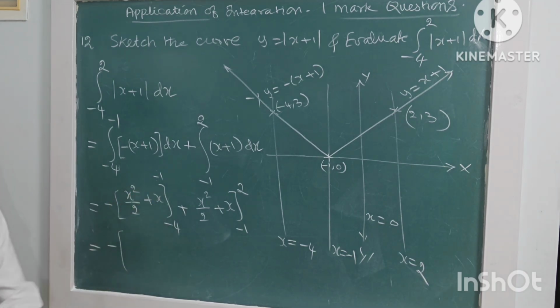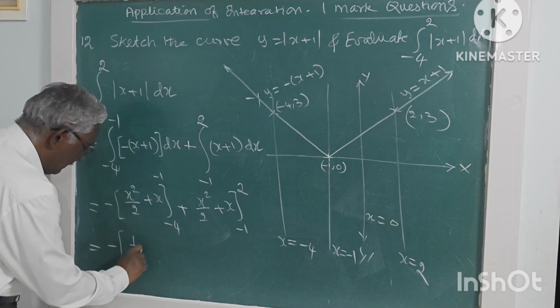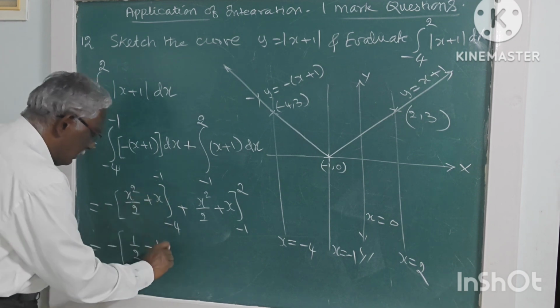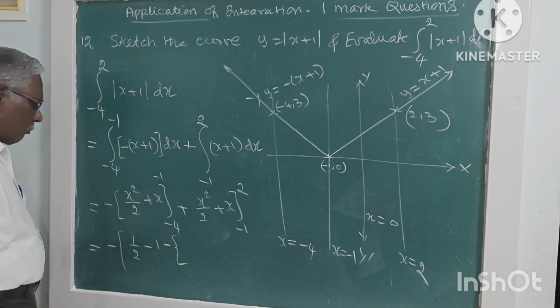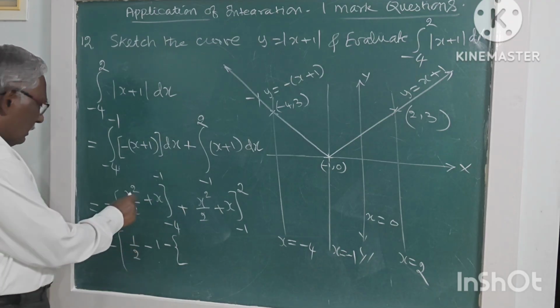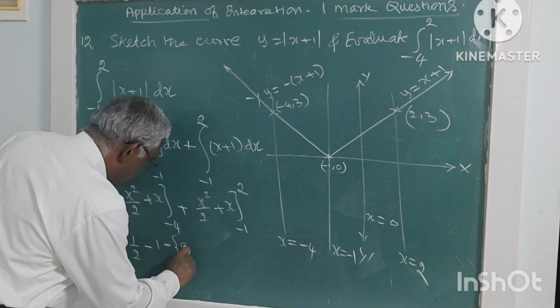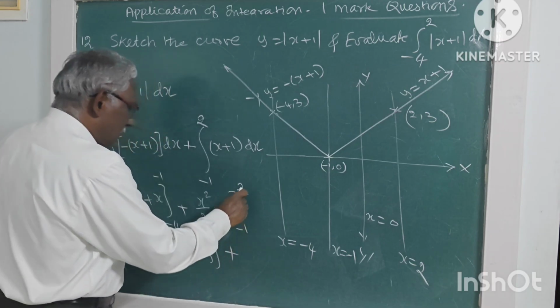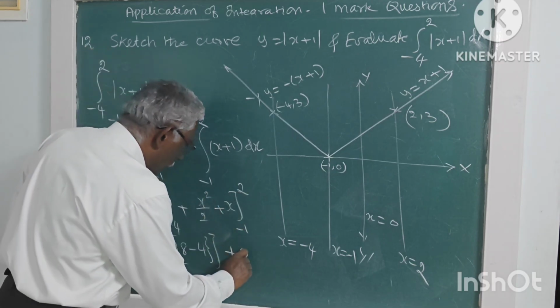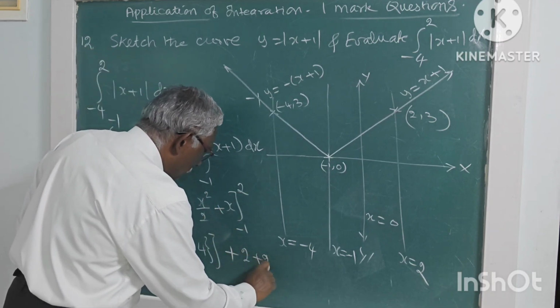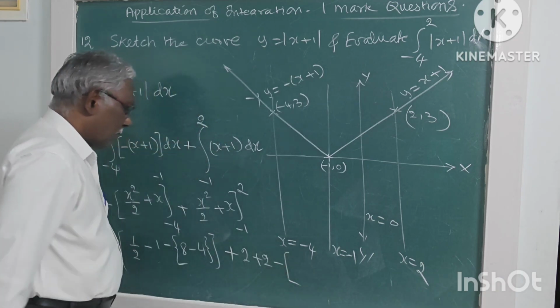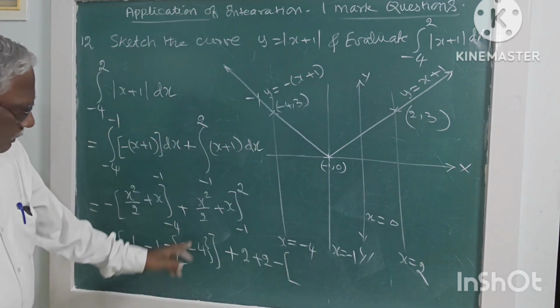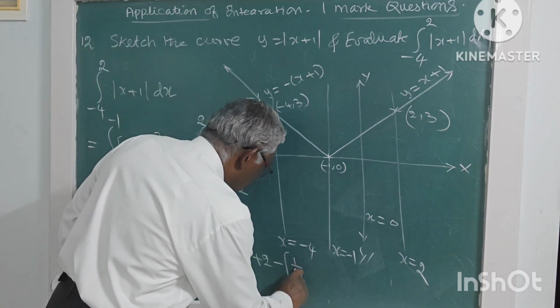Now I put x is minus 1: 1 by 2 minus 1, minus of, put x is minus 4: 16 by 2, 8 minus 4, plus 2 square by 2, 2 plus 2, then put x is minus 1: 1 by 2 minus 1.